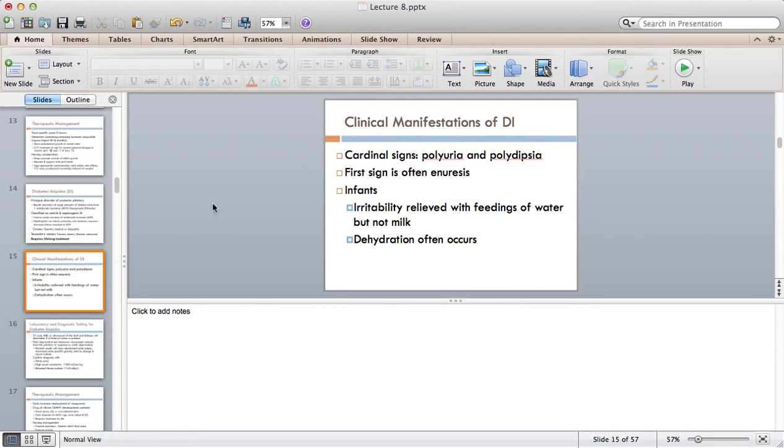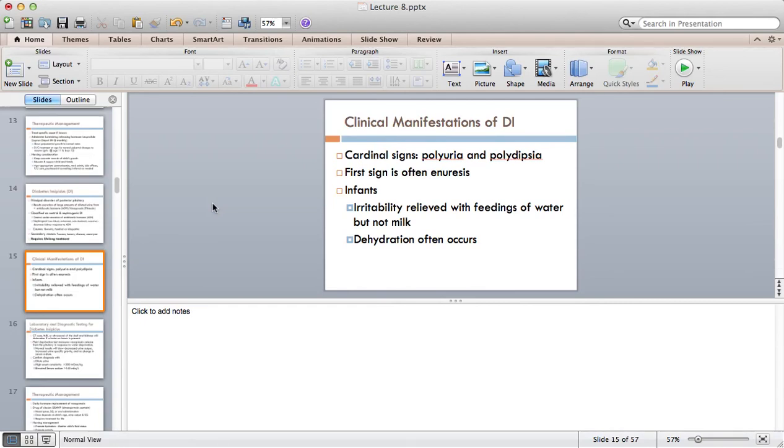So serum sodium is high, and the person is just passing urine. With that continuous elimination of fluid, there is a need for the person to drink to replace what is being lost. The high sodium concentration in the blood also leads to increased thirst.